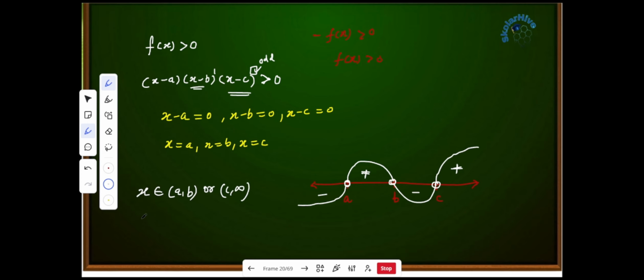This is the union. So the solution for the inequality is given by AB union C to infinity.